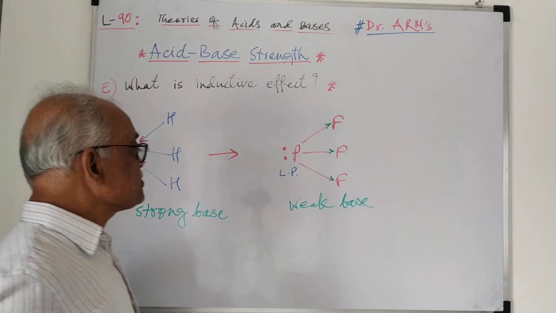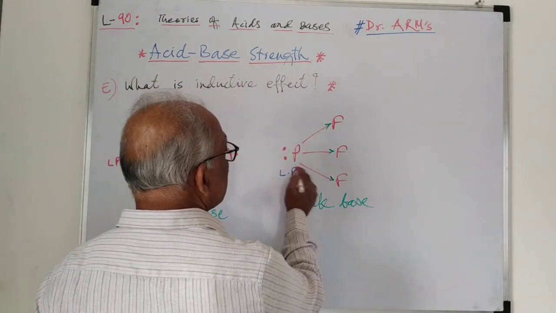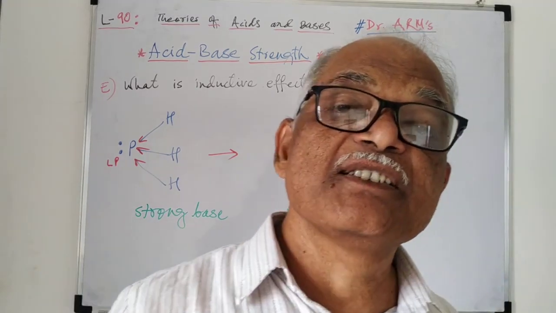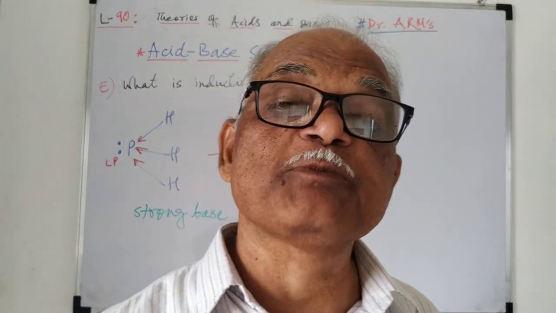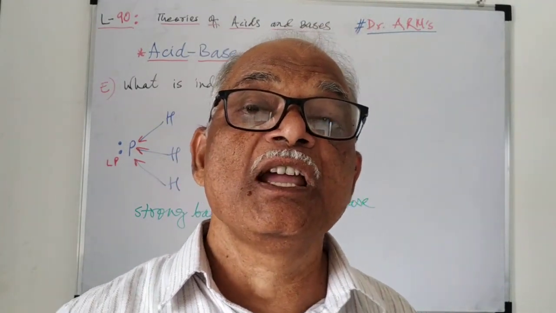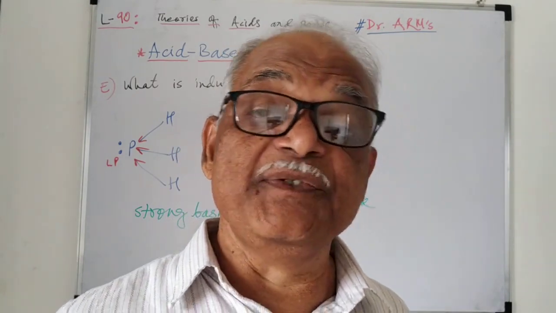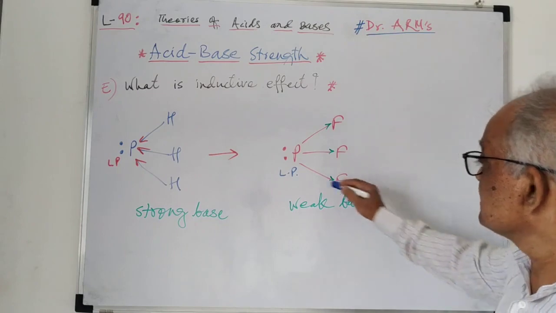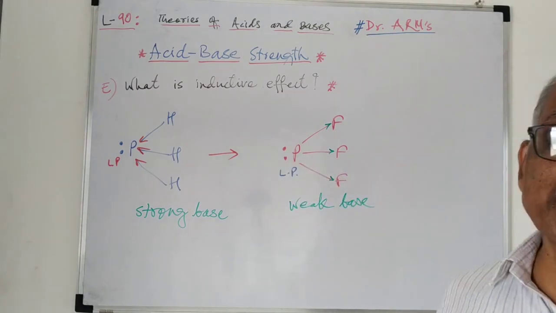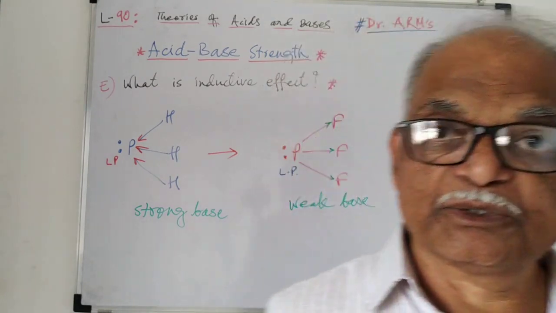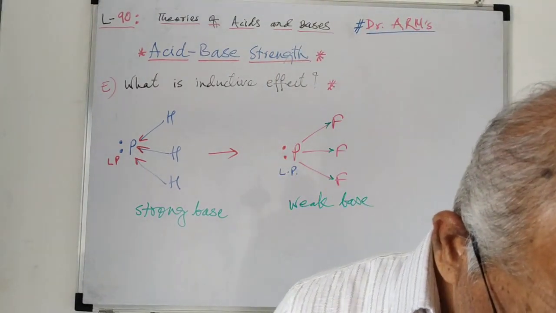Therefore it is a strong base. And here electron pairs are moving in the opposite direction towards fluorine, and that is why phosphorus becomes less electron rich, means electron deficient, and therefore it does not allow this lone pair to get discharged or donated to the Lewis acid.